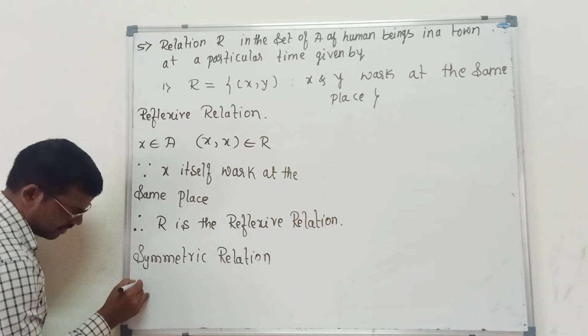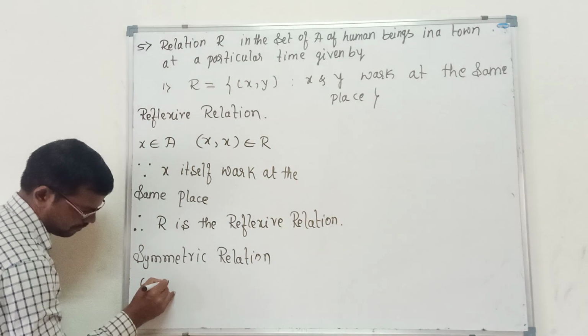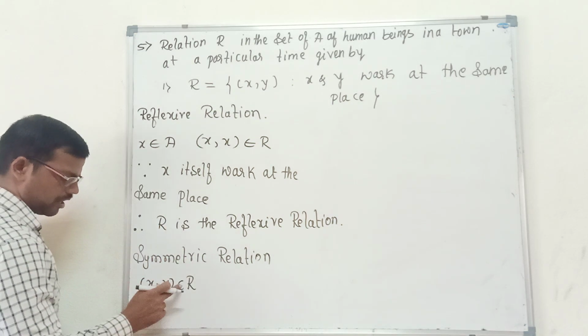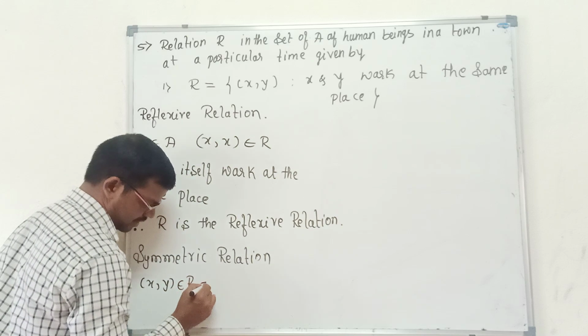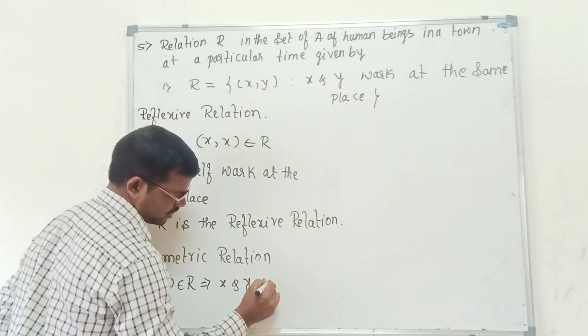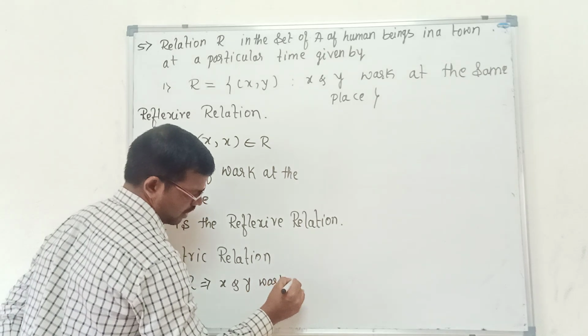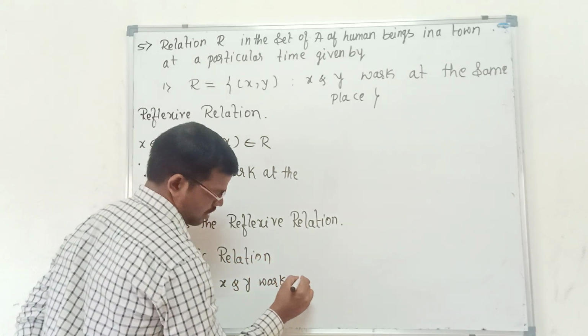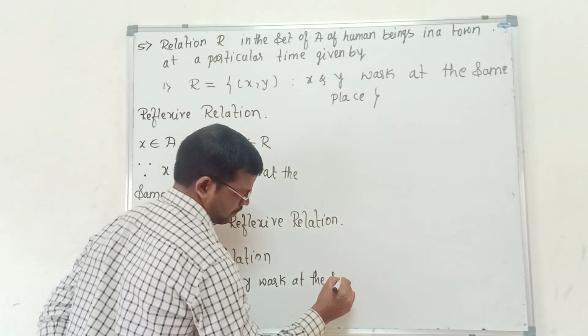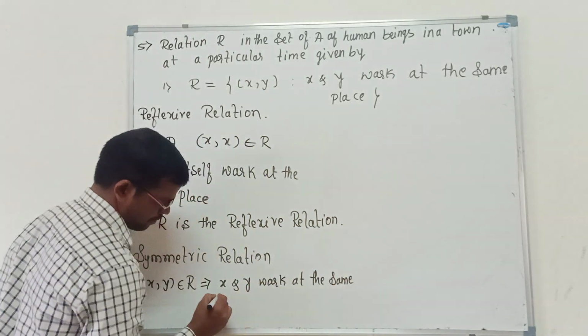So let me consider (x, y) belongs to R. If (x, y) belongs to R, it implies that x and y work at the same place.